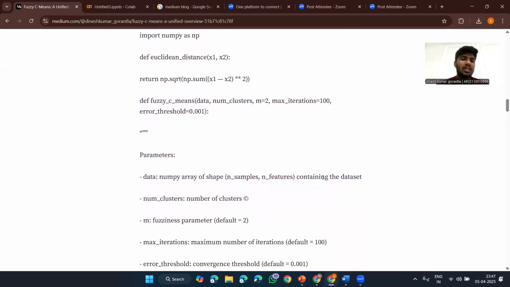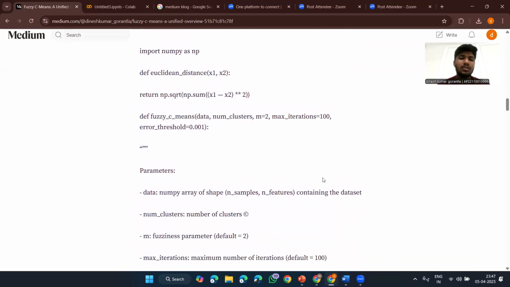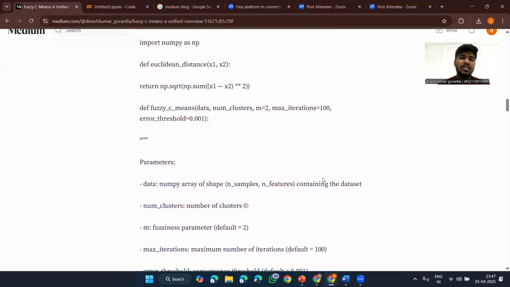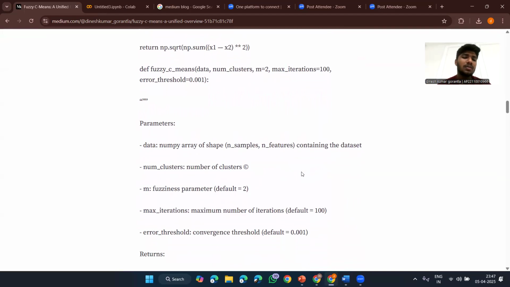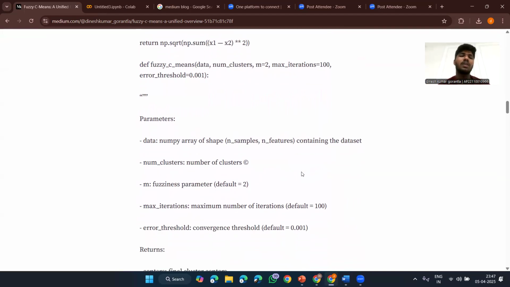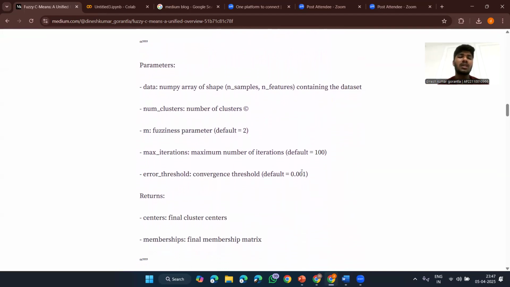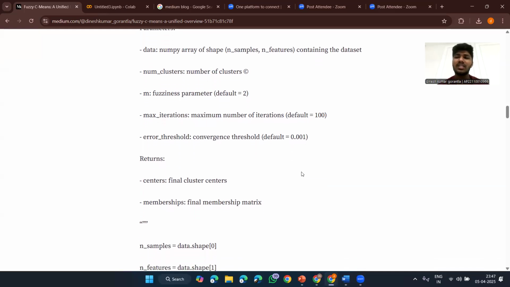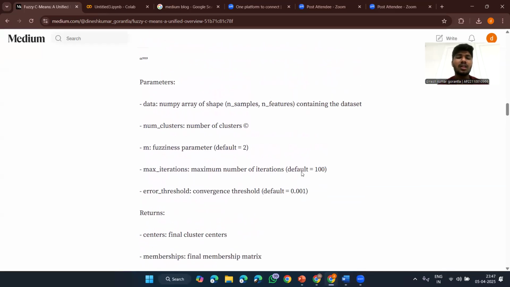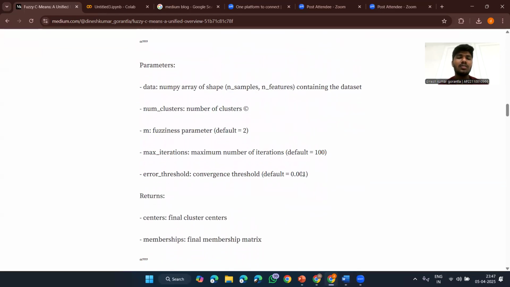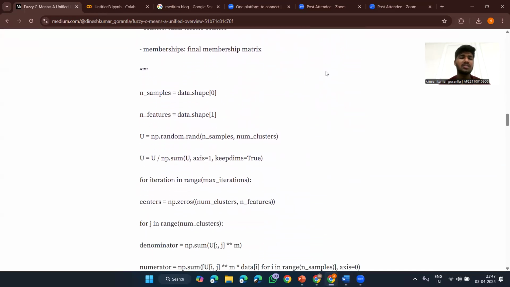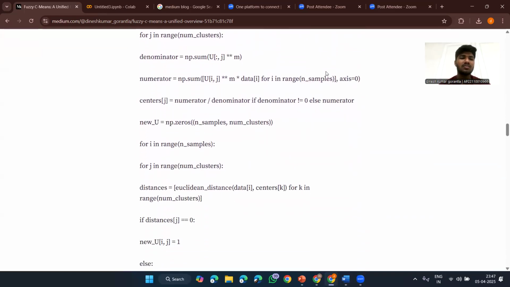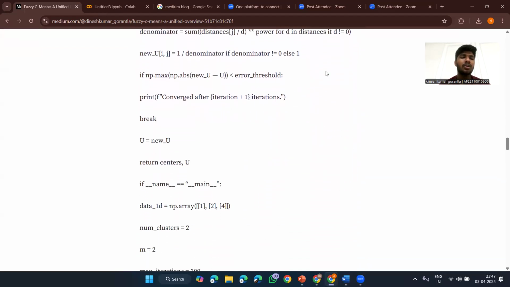The parameters are data, a numpy array of shape n samples by features containing the dataset; clusters, the number of clusters; m, the fuzzy parameter; max iterations, the maximum number of iterations; error threshold, the convergence threshold. It returns centers, the final cluster centers, and membership, the final membership matrix. All this will be written in the code.